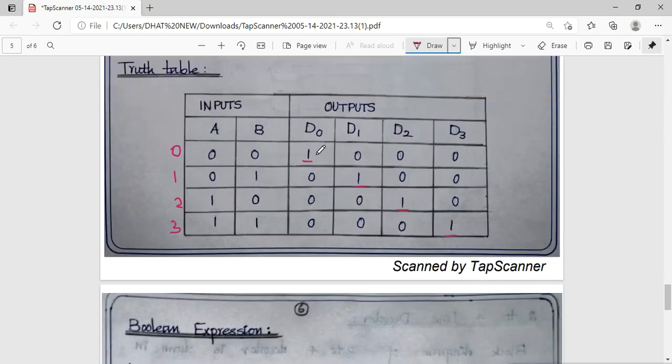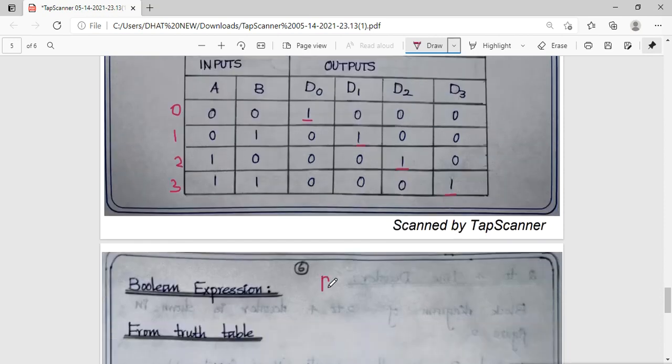First for D0. For 0 0, both are complemented, so D0 is equal to A complement and B complement.